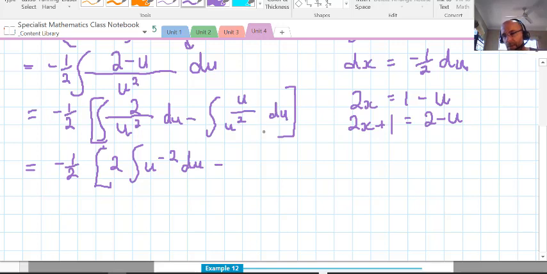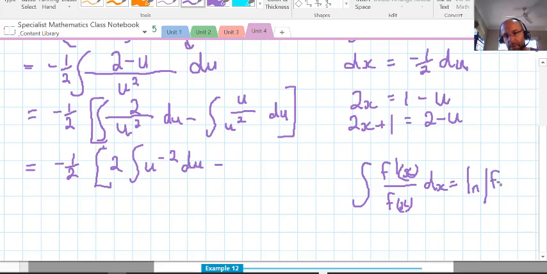Next one there, if we think about our old friend and ally f dash of x over f of x, when we integrate that, we get log of f of x plus c. Alright, so that looks like it, doesn't it?